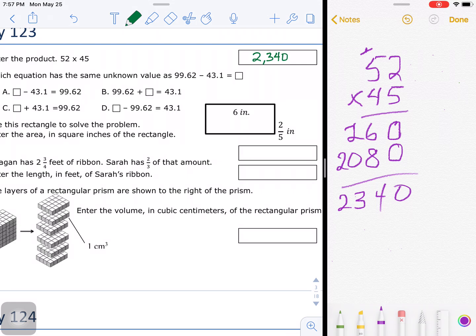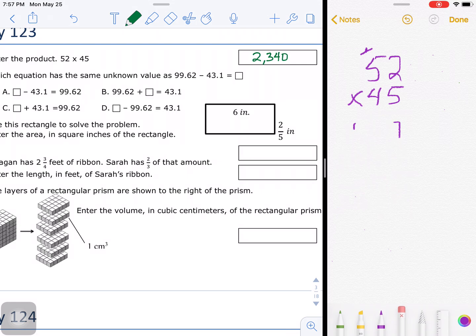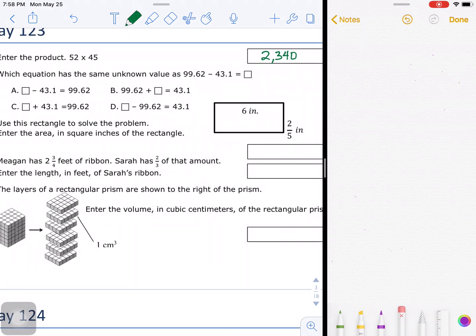Problem number 2. Which equation has the same unknown value as 99 and 62/100 minus 43 and 1/10? What I like to do here is do something really simple that you know.